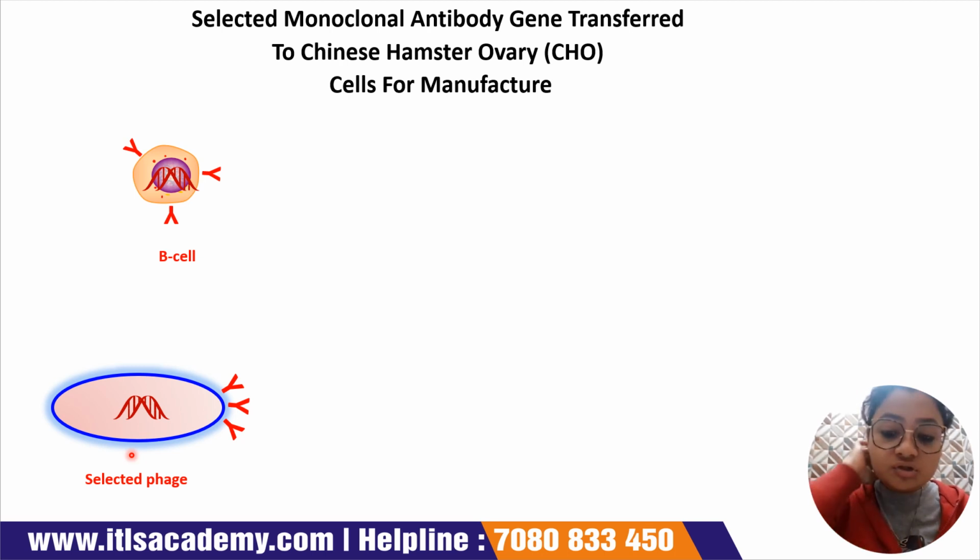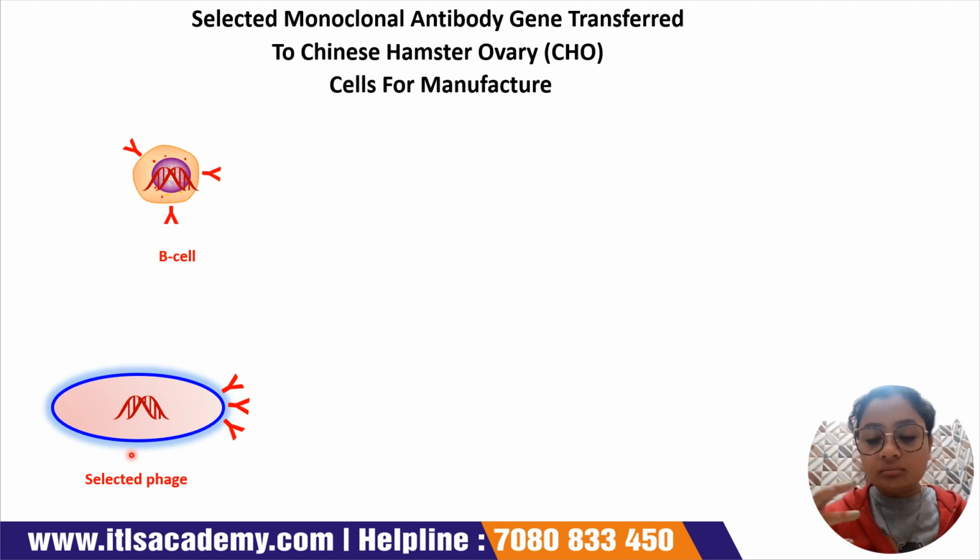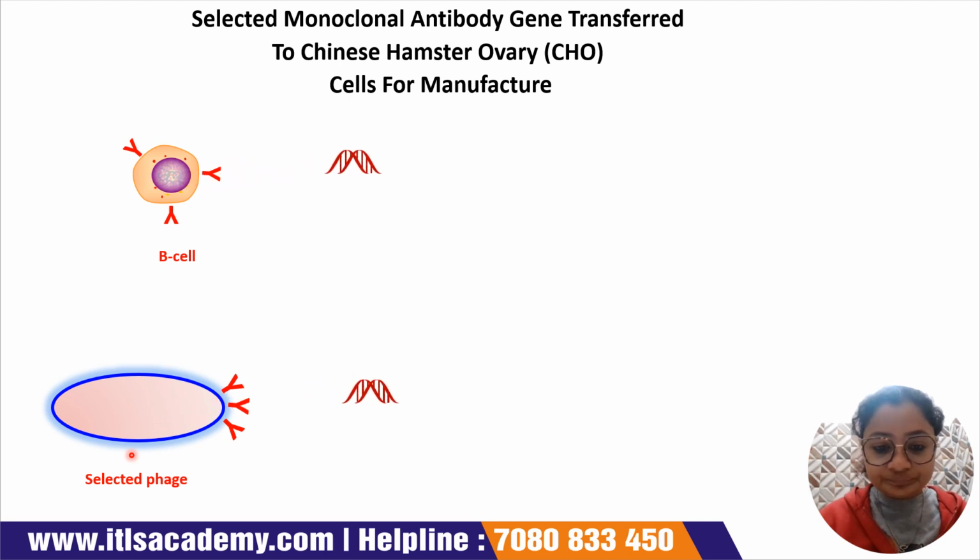Another important feature it has is that it can integrate itself with the chromosome of the host cell and start multiplying or replicating along with the host cell chromosome. So let's see what is happening over here.